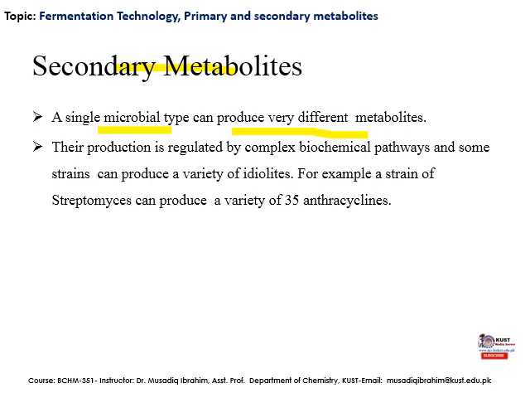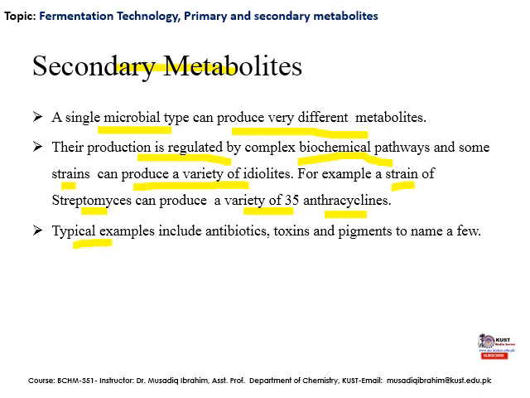The production of the secondary metabolites is regulated by complex biochemical pathways, and some microbial strains can produce a variety of idiolytes or secondary metabolites. For instance, a strain of Streptomyces can produce 35 types of anthracyclines.